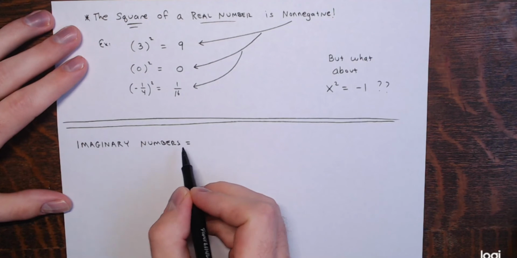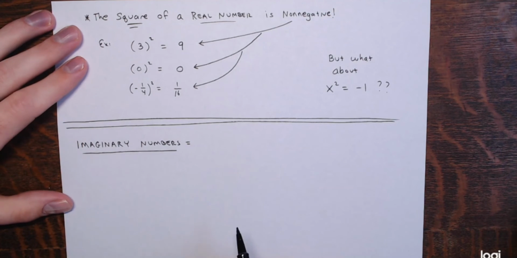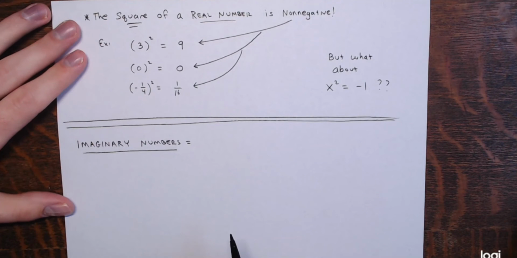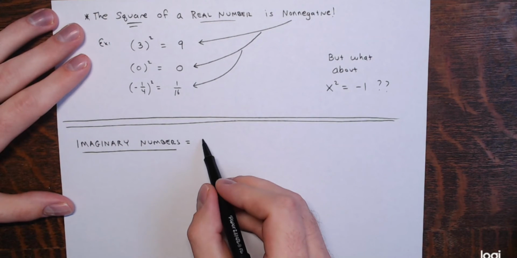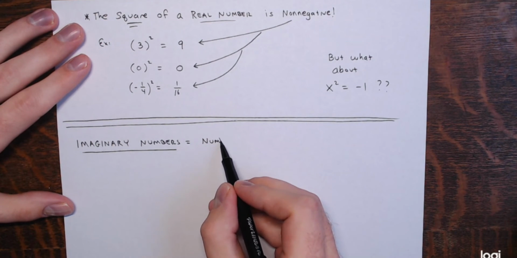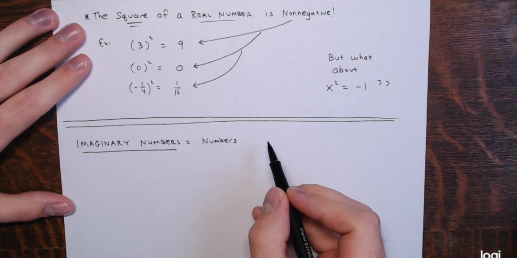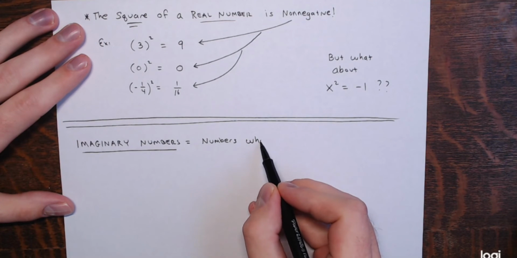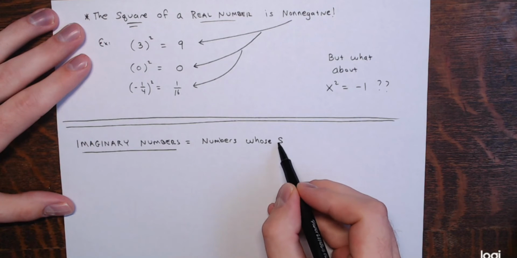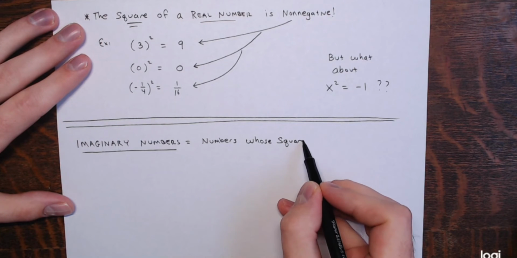Now this isn't a perfect definition, but it's the way I like to think about them. These are numbers whose squares are negative.